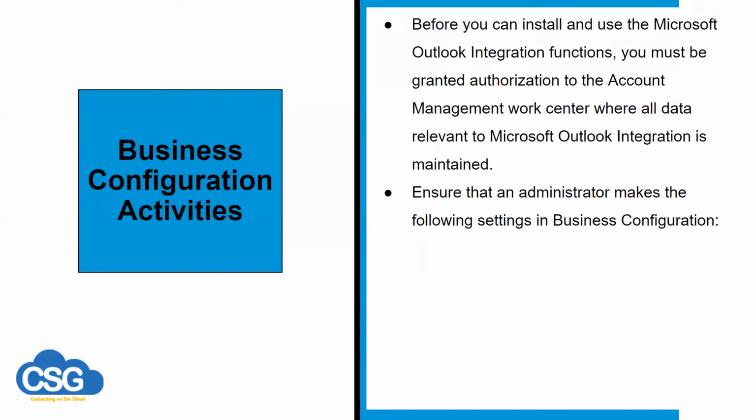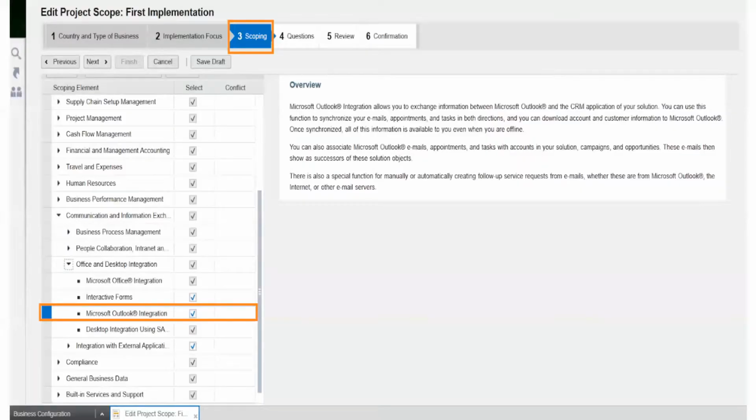So this is about the business configuration activities. And we should have the following settings in business configuration, in the project scope. First of all, it is very, very important that we mark the Microsoft Outlook integration in the scoping itself.